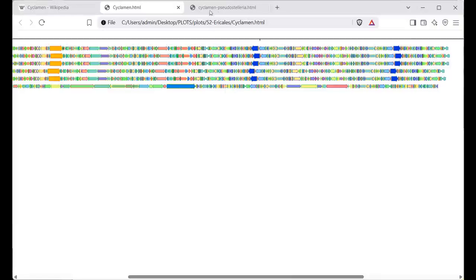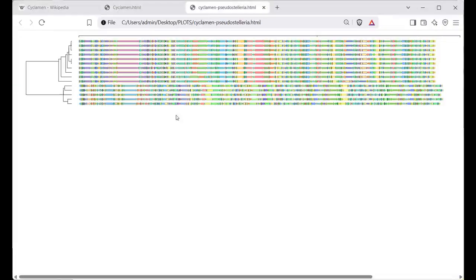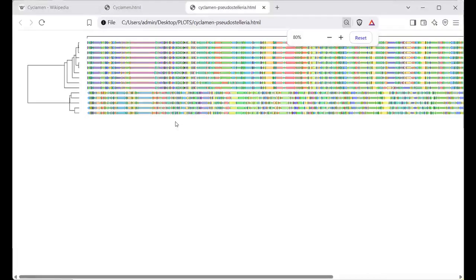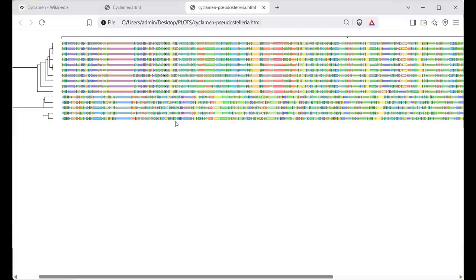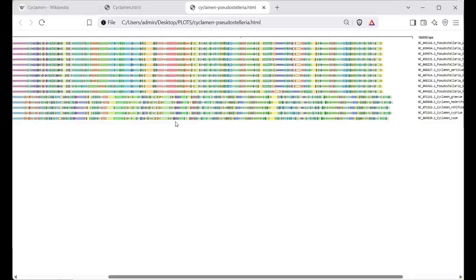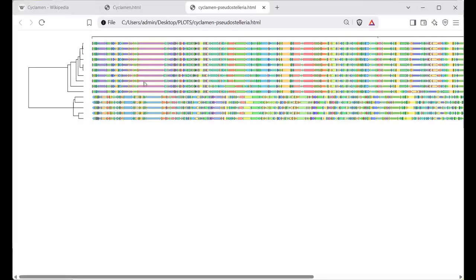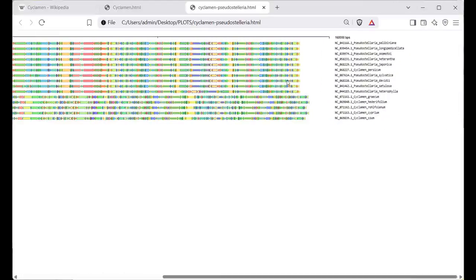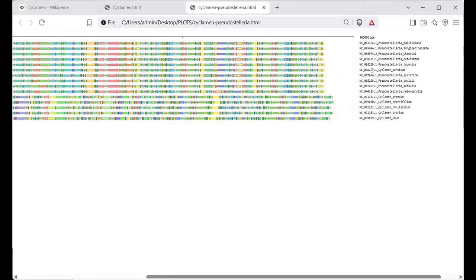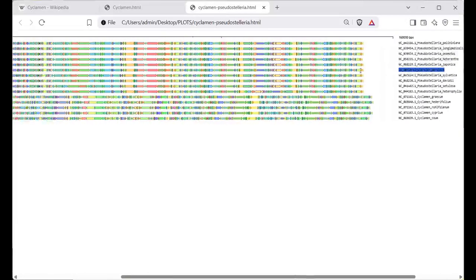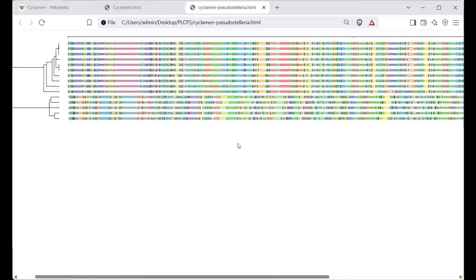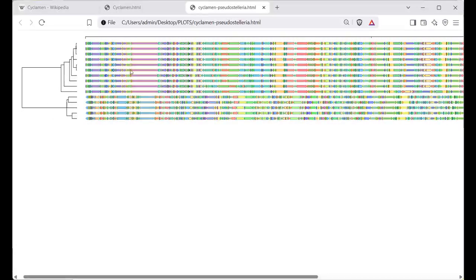So what I did next is I ran PGR-TK by combining cyclamen and Pseudostellaria, and here is the result. You can see that the top portion has a set of patterns and the bottom one has a set of patterns. The top one is all pseudostellaria, the bottom one is all cyclamen, and this cyclamen persicum that wasn't matching the rest of the cyclamens now fits perfectly within pseudostellaria.